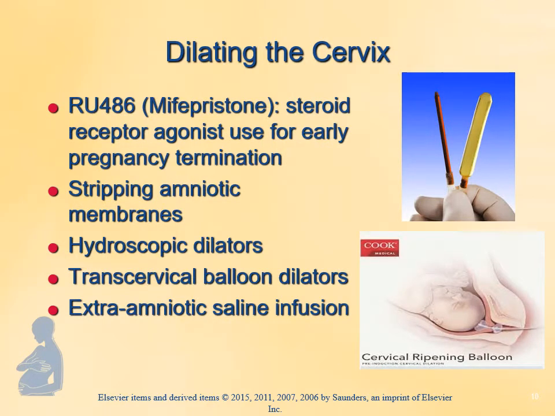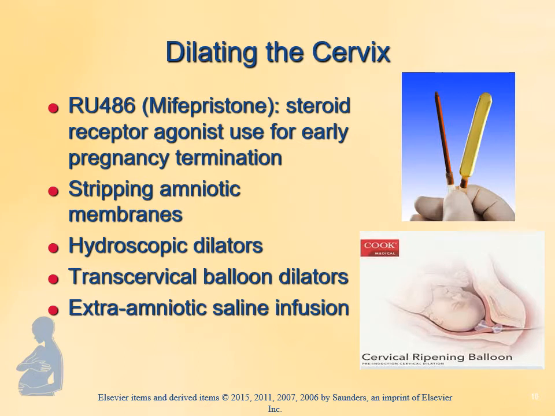There's also some other ways that we can either augment or induce somebody's labor. And this could also come in non-pharmacologic ways. So stripping the membranes, or stripping amniotic membranes, is what we call kind of a vigorous vaginal exam, where the provider finds the cervix and then just kind of rubs around it.